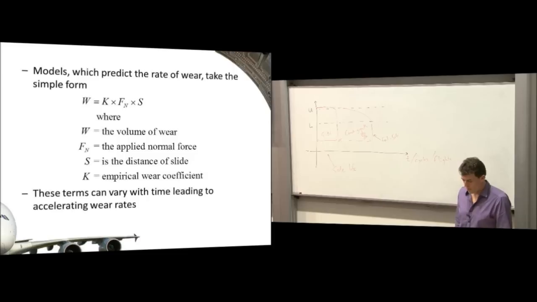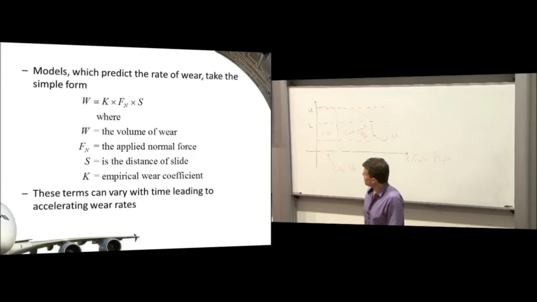Now, wear formulae tend to be entirely empirical. So you tend to have what's called a wear volume. This is often taken, the time derivative of this, so the wear rate, if you put a W dot on top of this and you put a V here instead of a distance, you've got a time derivative. But the wear volume is proportional to some empirically measured experimental constant times the normal force times the distance of slide.